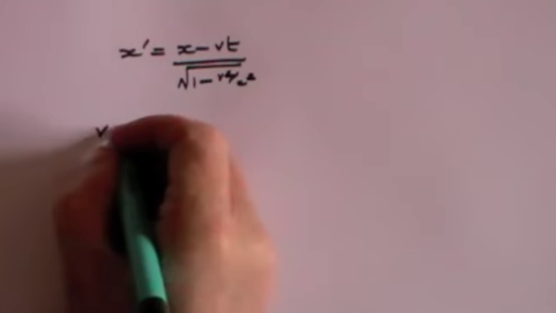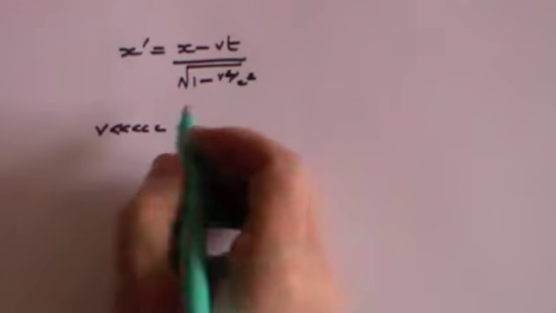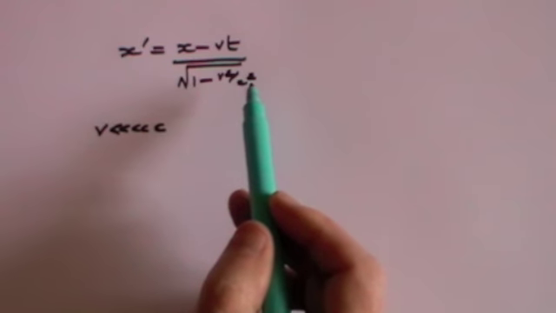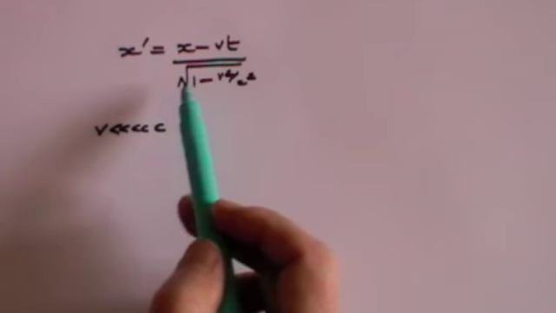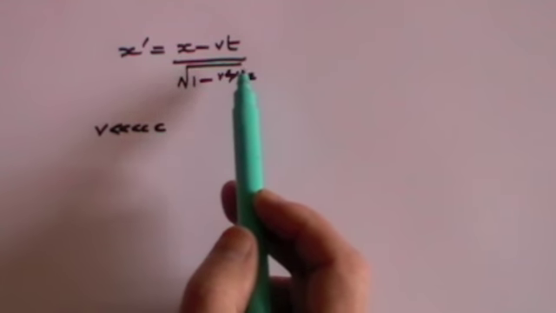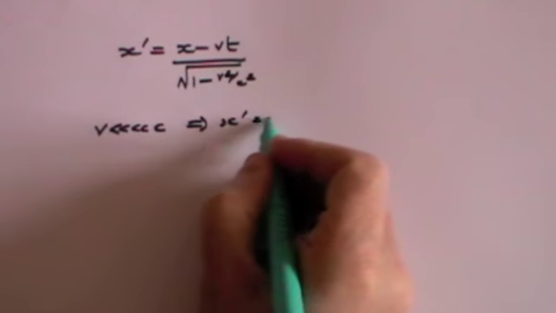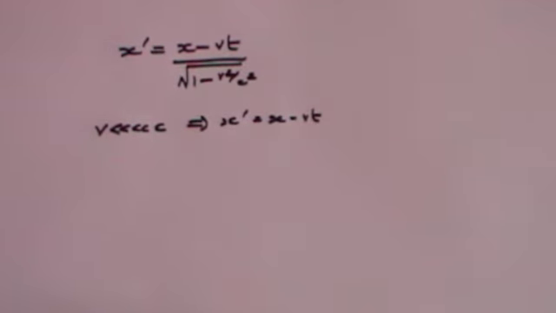Now you'll notice something: if the velocity is very, very, very much less than c, the speed of light, that v squared over c squared becomes effectively 0. And therefore you're just left with the square root of 1, which is 1, and that means that x prime equals x minus vt, which is what we thought was the case all along.